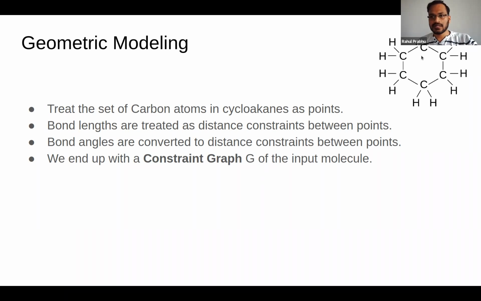First thing we do is convert this to a distance constraint graph. We treat all the carbon atoms as points in a graph, and then we add a distance constraint between carbon atoms that share a bond. And because the bond angle between 3 carbon atoms is fixed, we can add a distance constraint between the carbon atoms that are separated by this one.